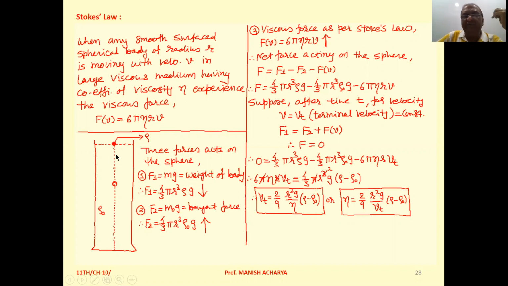Now, the liquid for which we want to measure the coefficient of viscosity is filled in this one, and suppose the density of that liquid is rho 0. Now, if a smooth surfaced spherical body of radius r is released from the surface of the liquid, it will move in the liquid.